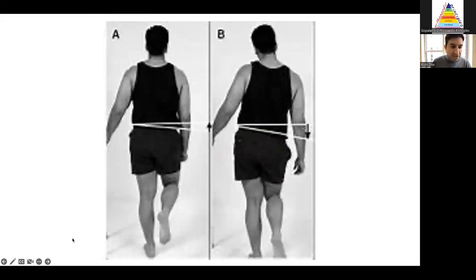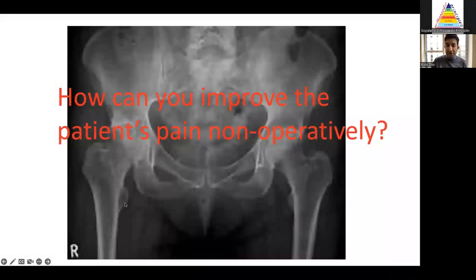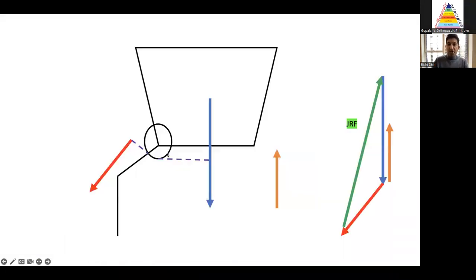Okay, and if we move back to our other question, which was, how can you improve this patient's pain non-operatively? And how might you use a free body diagram for that? What you've got to think of is, you draw in your vector again. So body weight moment arm, joint reaction force, abductor lever arm and joint reaction force. These are clockwise moments. If we add in an anti-clockwise moment by putting a stick in the opposite hand, it will work in the opposite direction.